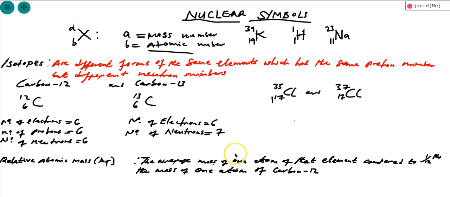So we have to take an average of the masses. If an atom has one isotope, we use only the atomic mass. However, if an atom has more than one isotope, we have to work out the average of the individual masses and take into consideration the relative abundance of the isotopes.